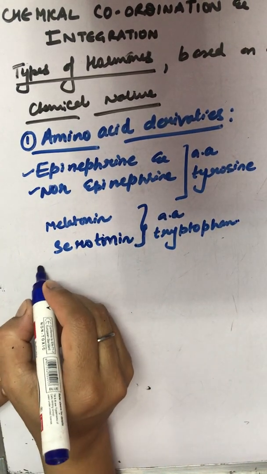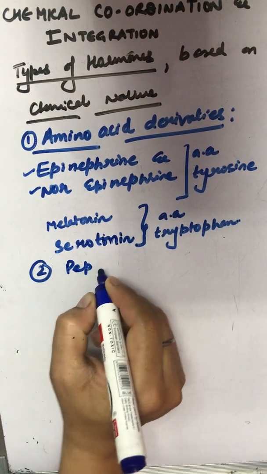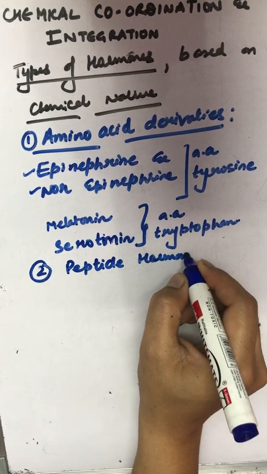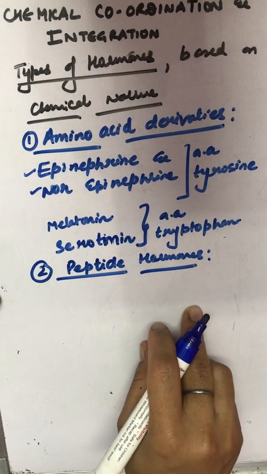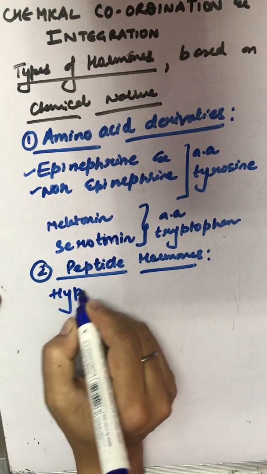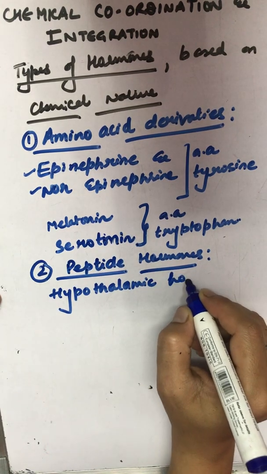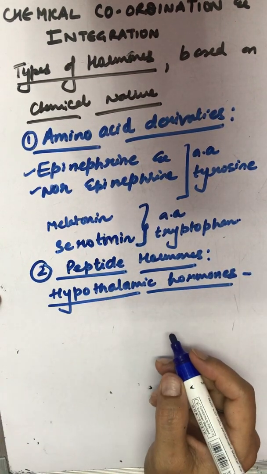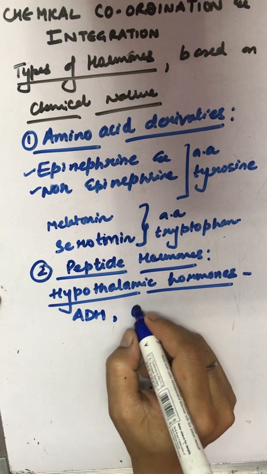Okay, second is peptide hormones. When we are talking about peptide hormones, these are hypothalamic hormones. These belong to a category of hypothalamic hormones, in which we consider ADH, antidiuretic hormone, and oxytocin.